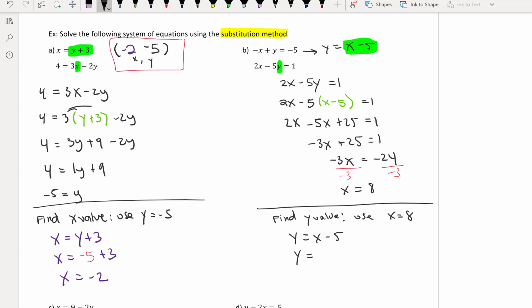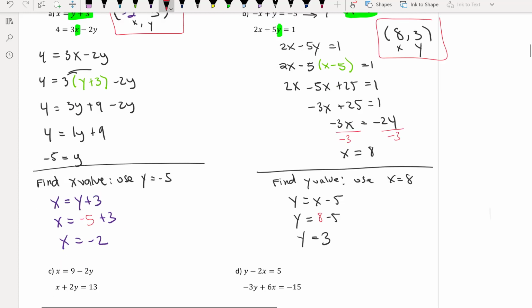So y is going to equal that x value, which is 8, and I'm going to subtract 5. So y is equal to a positive 3. So my solution here is going to be the x value and my y value. So 8, 3 ends up becoming my final answer.